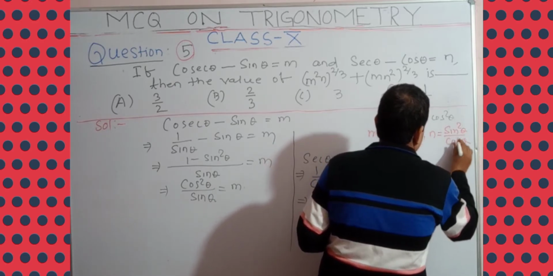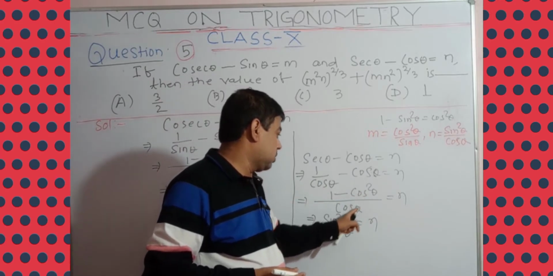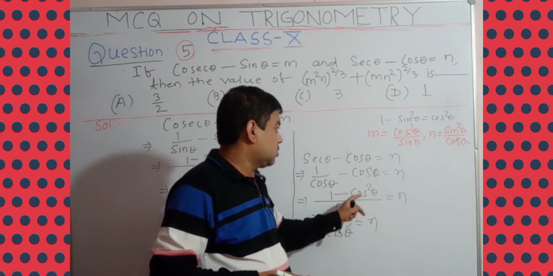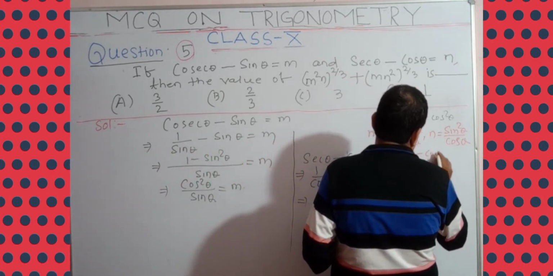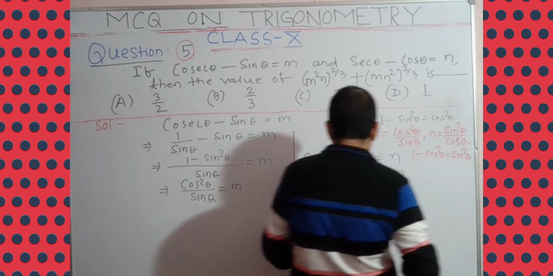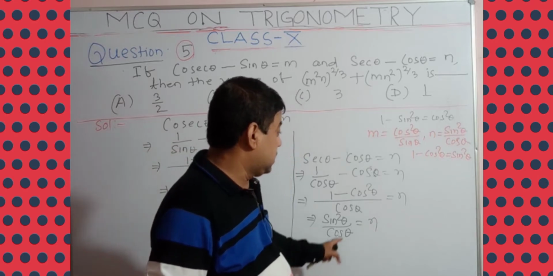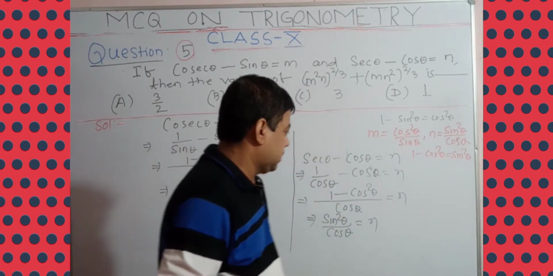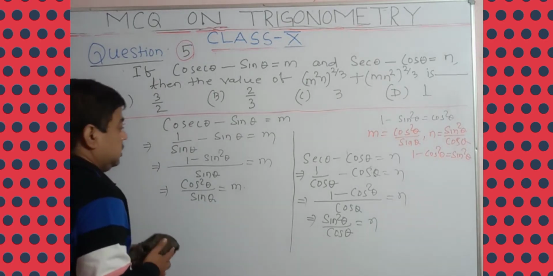Is it clear? Understand? Okay. 1 minus cos square theta formula is sin square theta. Yes or no? Okay. So n is equal to sin square theta upon cos theta. Okay. Understand? Is it clear?